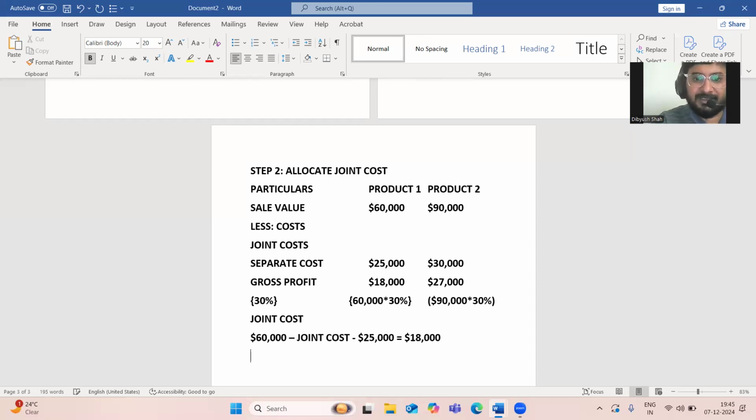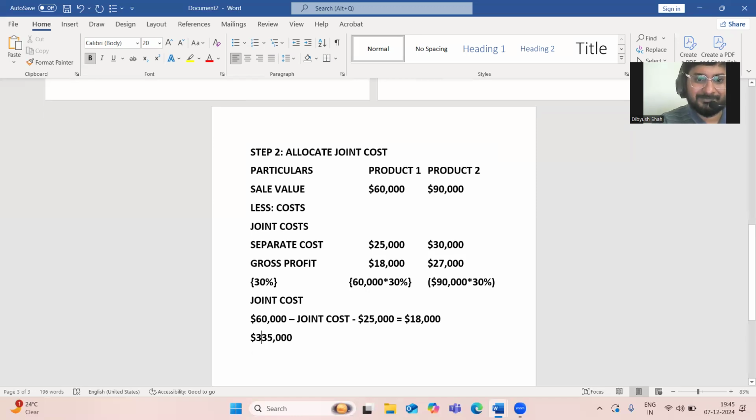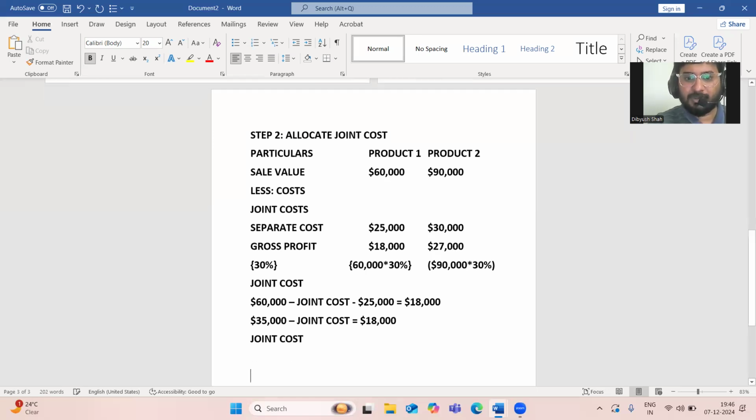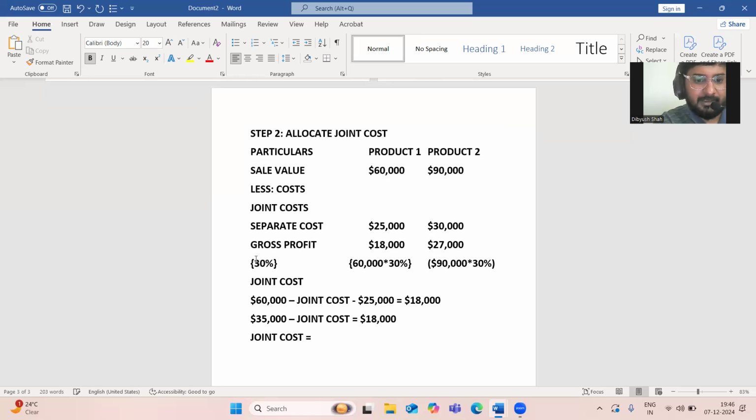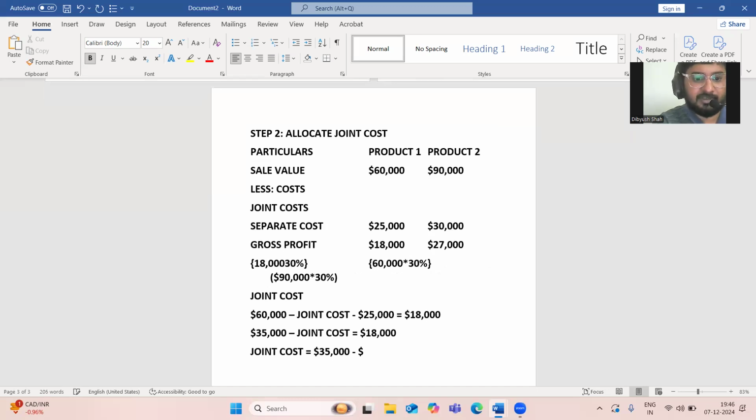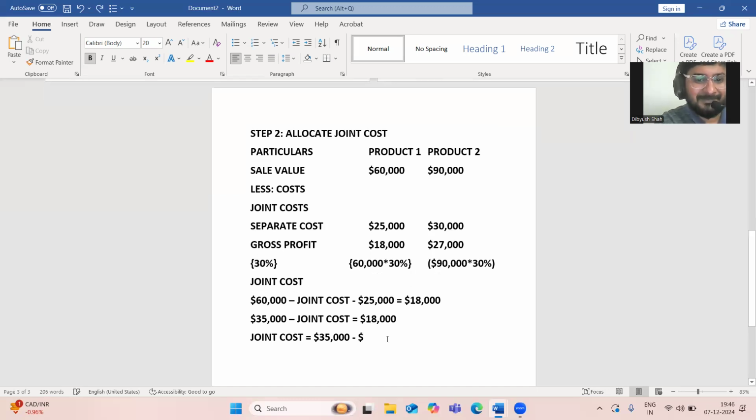So if I solve for it, for those of you who can directly understand from the equation, very good. 60 minus 25 is $35,000, minus joint cost, that is equal to your $18,000. So what will be the joint cost? Taking joint cost to one side, it will be 35 minus 18.